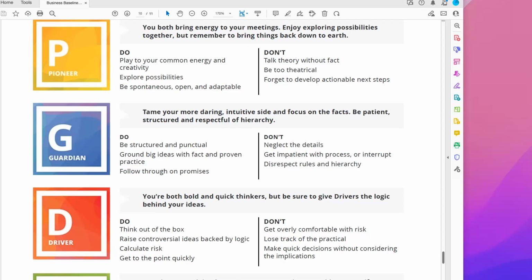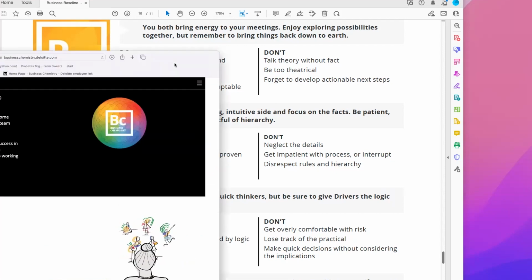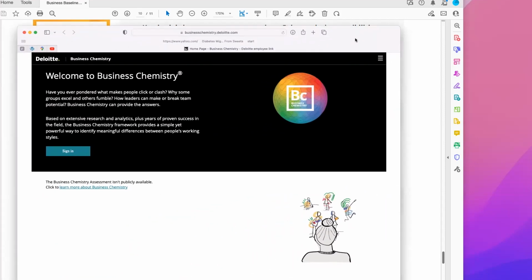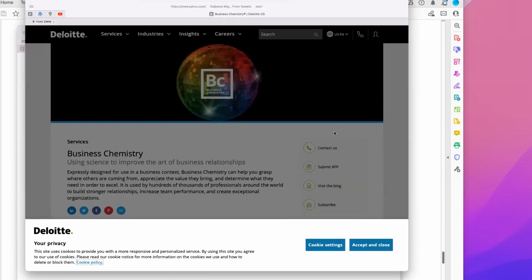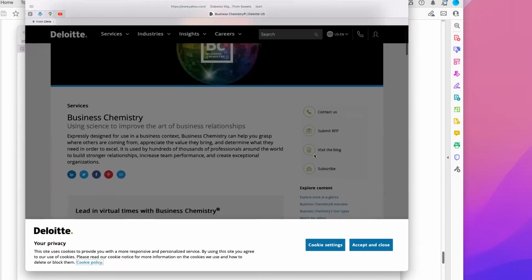Well, that would be for taking the assessment, but if you click on the menu in the upper right and choose to learn more about business chemistry, it takes you to a page that gives you maybe clearer insight into services and what they're trying to do with the tool. Okay.